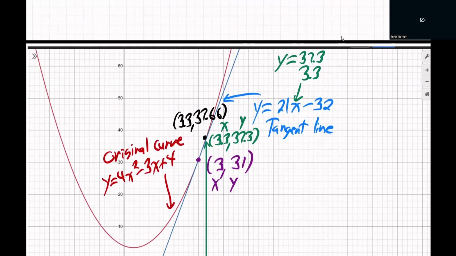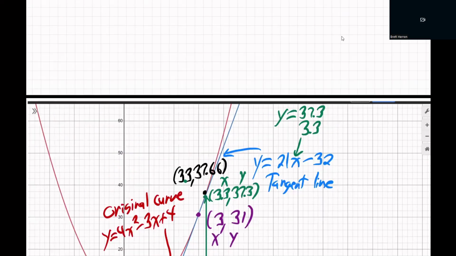See how it's just a little tiny bit higher than the blue? The red function is barely above the blue function there. They're both over 3.3, but the red one is just a little higher. 37.66 is a little higher than 37.3.